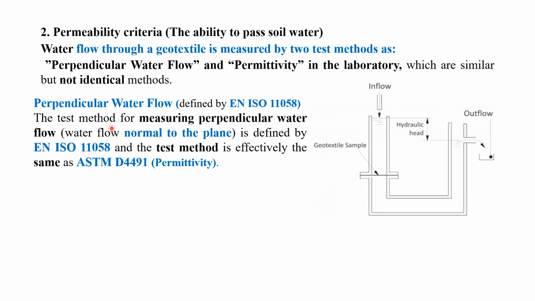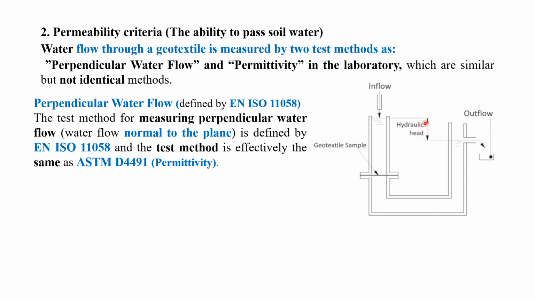So this is the test method for measuring perpendicular water flow, or water flow normal to the plane. You can see this figure. This is a geotextile sample. Water is going to pass through it, right? And again outflow is also there.